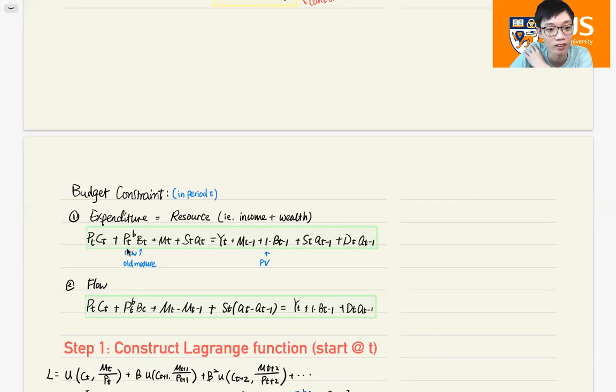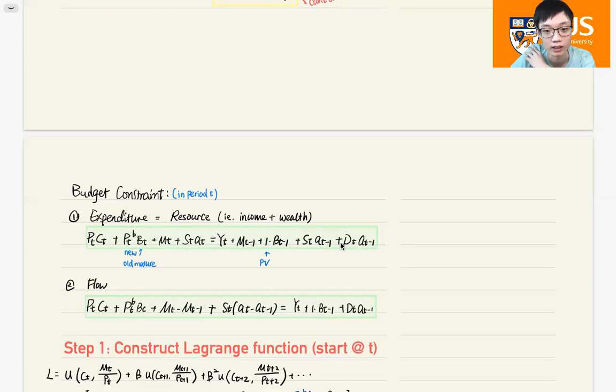Then your new bond you want to buy, right? Then the money you want to have, then the stock you want to buy. On the right hand side, you receive your income. Then you receive income from dividend.